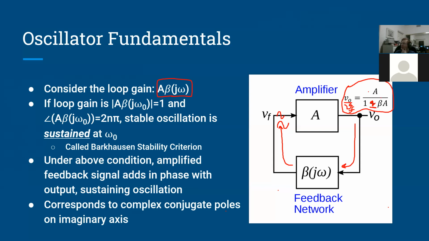No? Well, okay. Suppose beta times A is 1. Can anyone see what would happen? Both sides would be 0 if BA equaled 1.